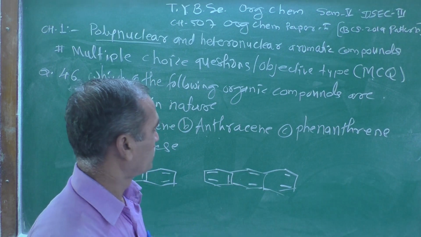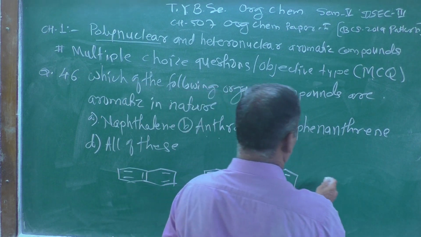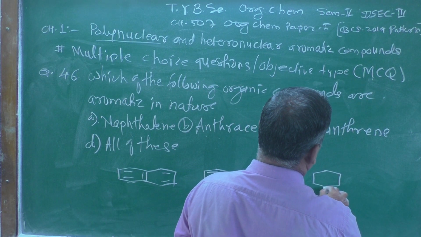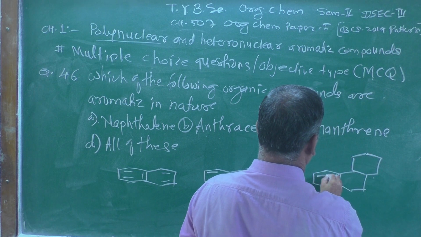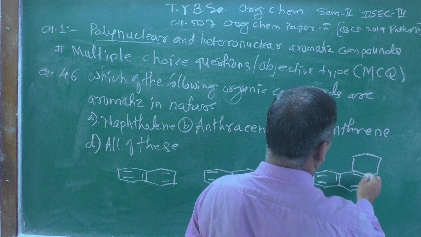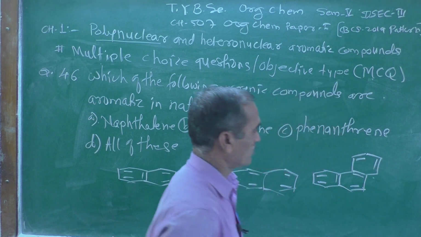So this is also an aromatic compound. Phenanthrene, the structure of phenanthrene would be this one. Let us see alternate double bonds like this.